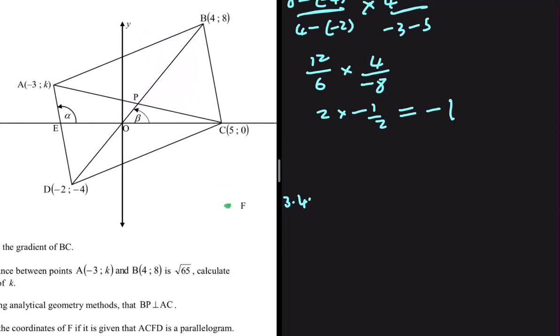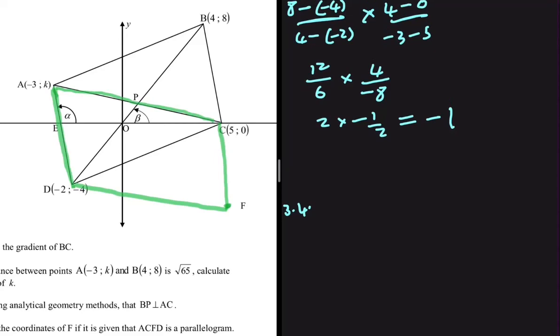If it is a parallelogram, then C and F, and then D and F. Yeah, we have something like this as our parallelogram, right? So in order to find the coordinates of F, we can use the midpoint of DC as it will be the midpoint of AF, but that is a painful exercise.